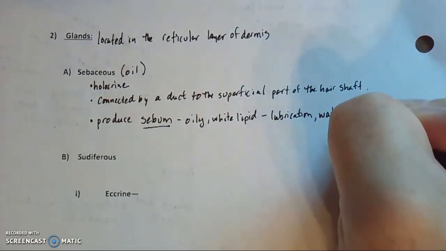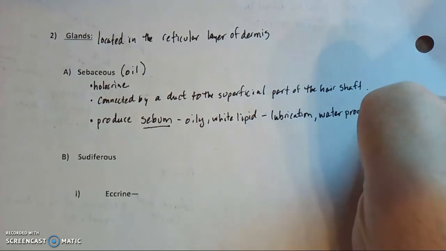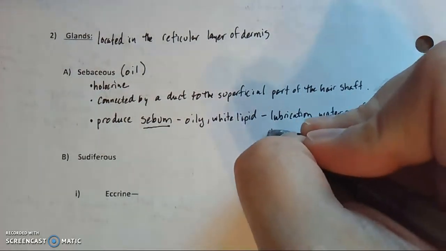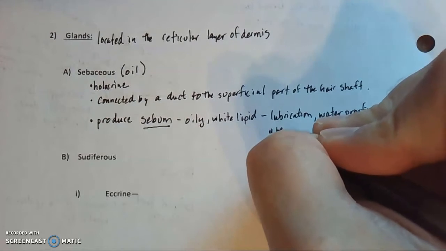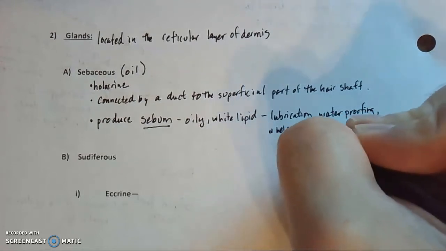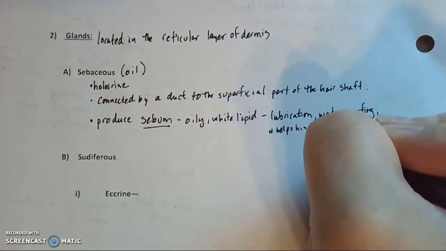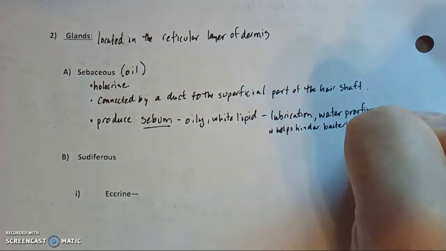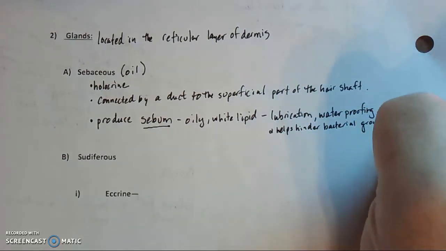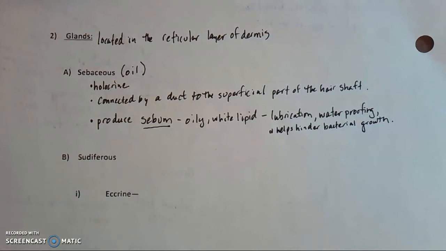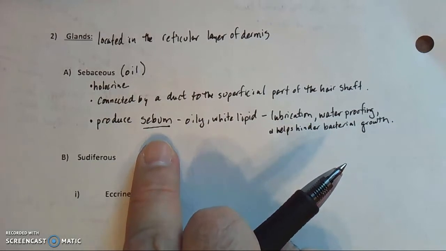Waterproofing, because it's a lipid, it's going to repel water. And it helps hinder bacterial growth. And these are the ones, when we talk about acne later, that are going to be very active during puberty and cause a lot of pimples.